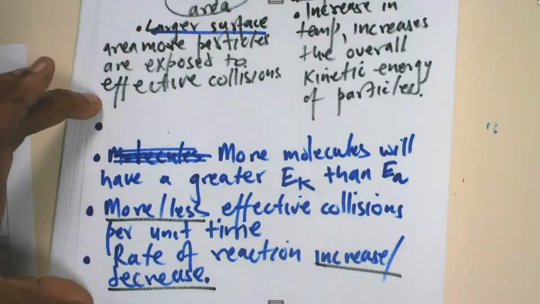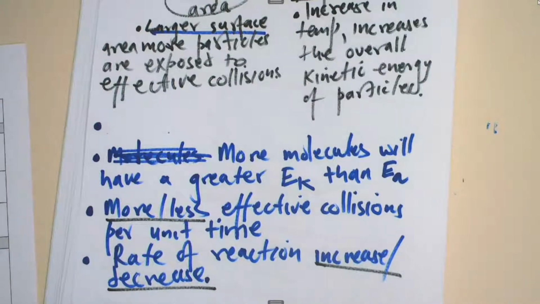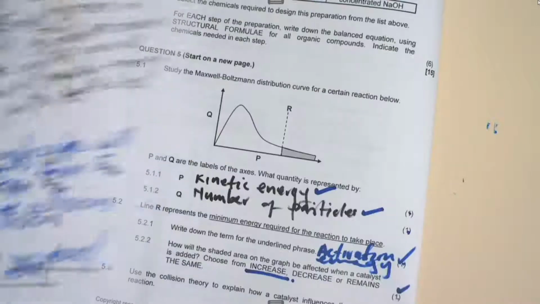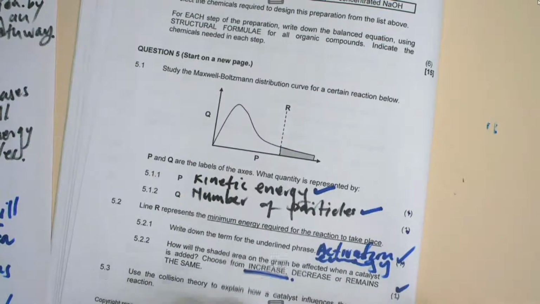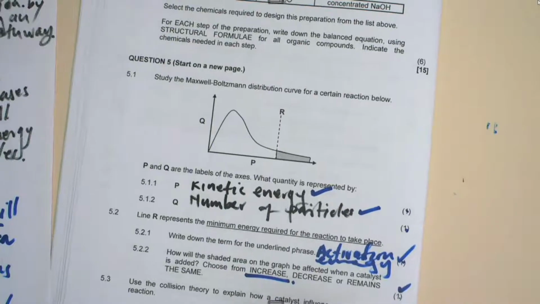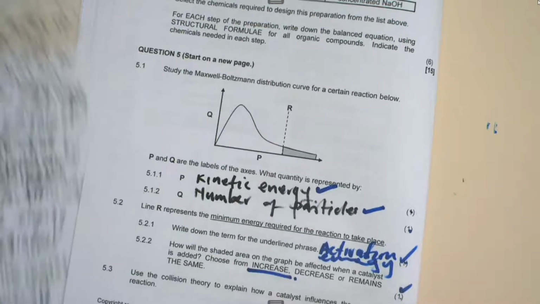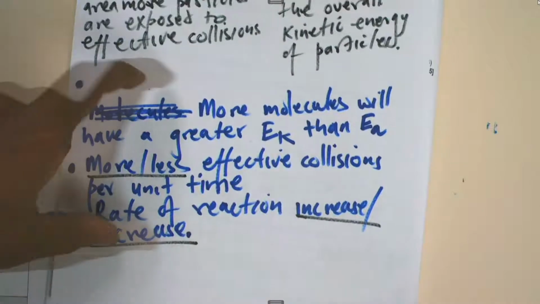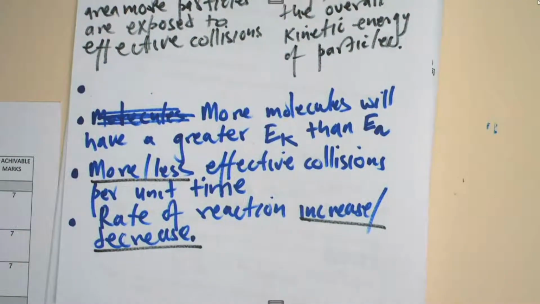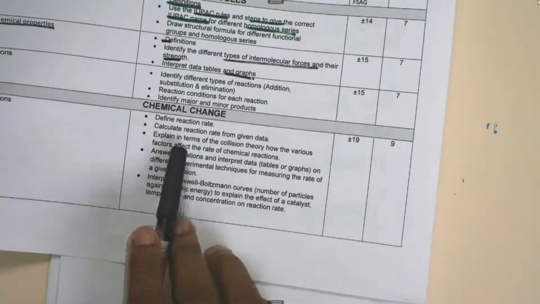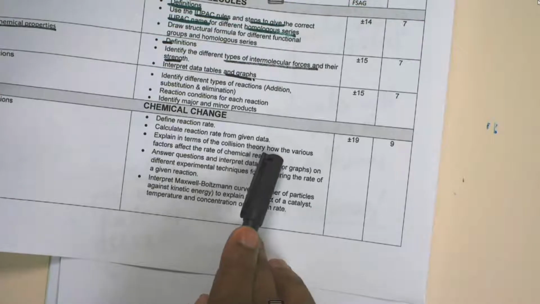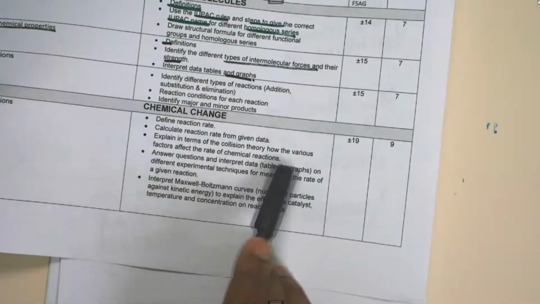So if I am happy with how I answer in terms of bullets, then everything should be in place, because when you look at it, these 4 marks are easy to get, provided you know how best to apply the collision theory. Because it says here also, as part of the achievables, explain in terms of the collision theory how various factors affect the rate of the reaction.